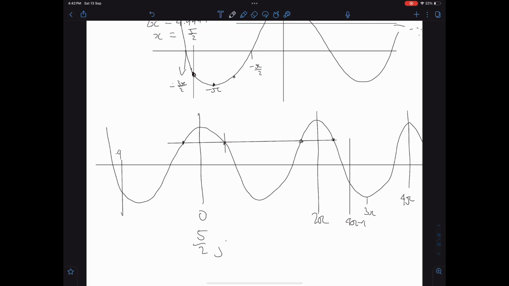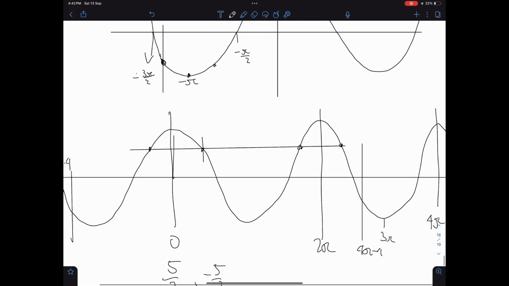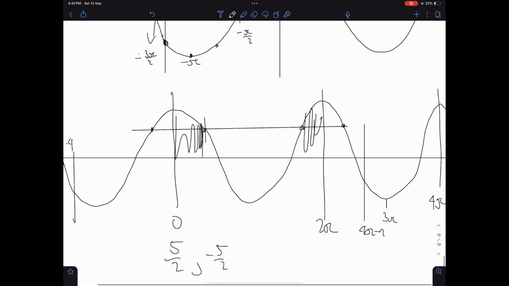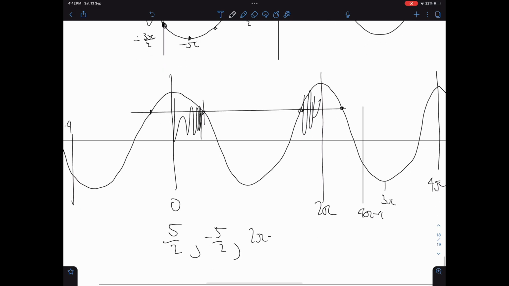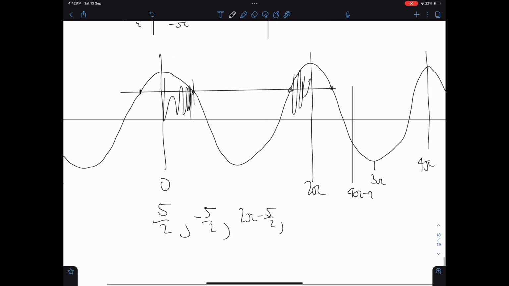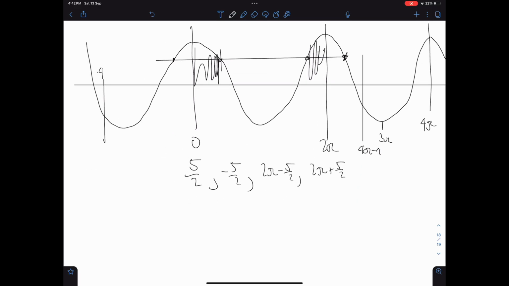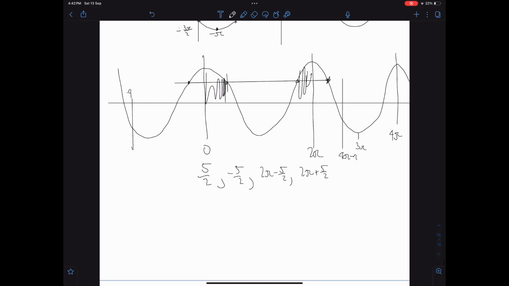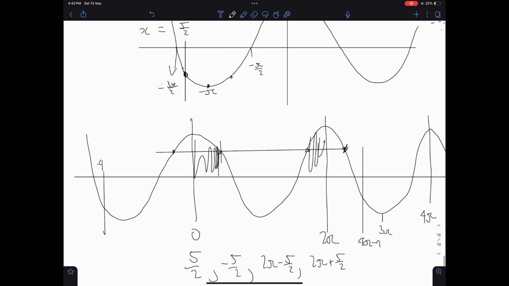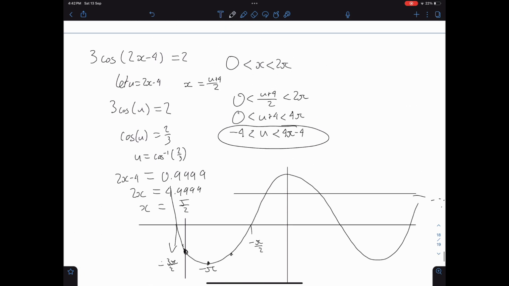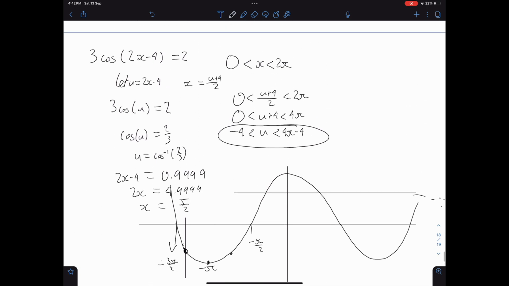And we'll notice that the other one will be negative 5/2. Then we'll do 2 pi minus 5/2, because remember, same thing with sine, these gaps are the same. And then this one's just going to be 2 pi plus 5/2. And you can rewrite those as decimals or whatever. I'm just showing you the general process at the moment.